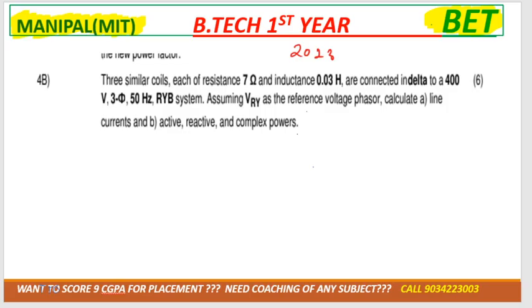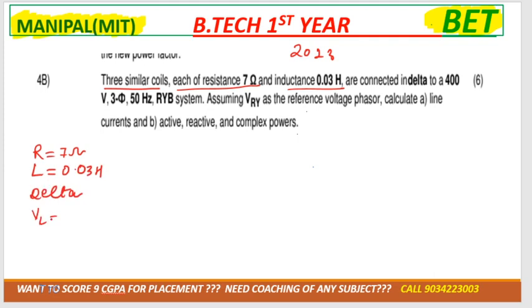Now see, in this they said three similar coils, each with resistance 7 ohm, so R is 7 ohm and L is 0.03 Henry, and they are connected in delta.